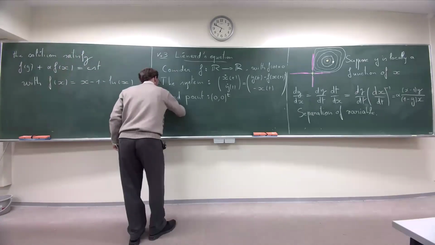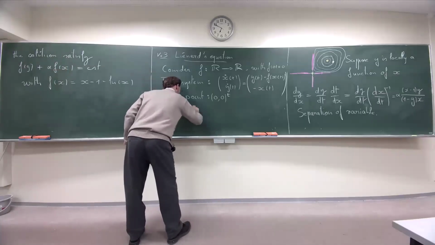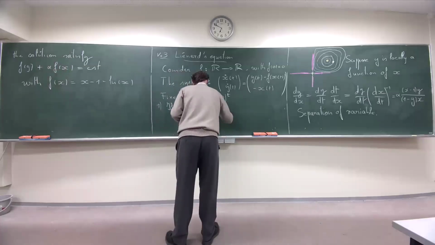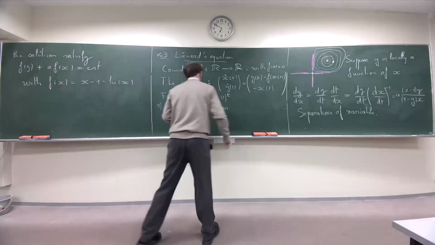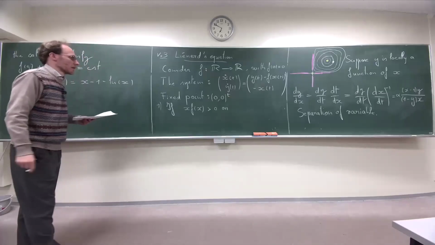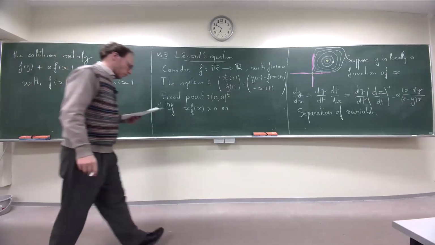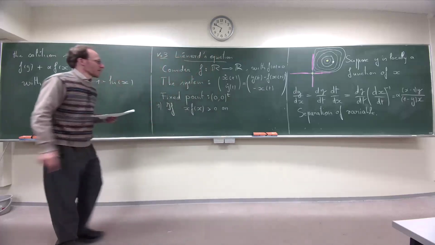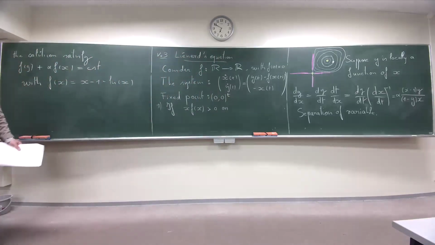So first, if f of x is bigger than 0, oh, I probably have a contradiction in my notes, so I will correct it. It cannot be bigger than 0 on an interval around 0 because it's 0 at 0.